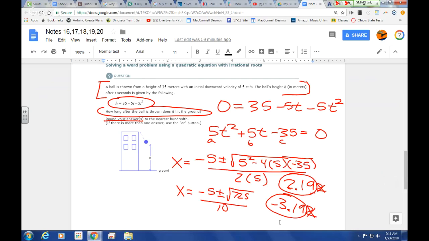In real world applications, negatives don't make sense, so we throw it out. There's a lot of questions that talk about the length of a board or the length of the side of a triangle. If you went to the hardware store and said, can you cut me a -5-foot piece of wood? They'd say, the negative wood is all out of stock. Come back never. So our answer is this 2.19.